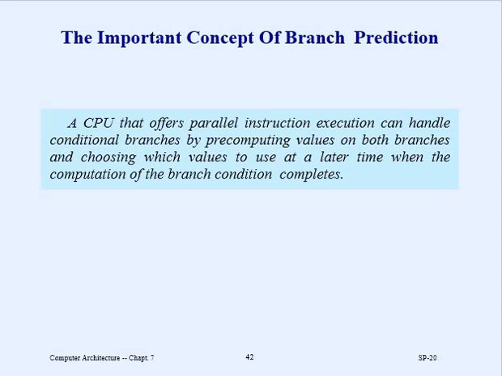A CPU that offers parallel instruction execution can handle conditional branches by pre-computing values on both branches and choosing which values to use at a later time when the computation of the branch condition completes.